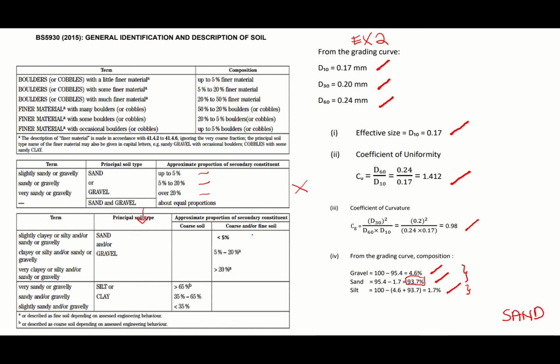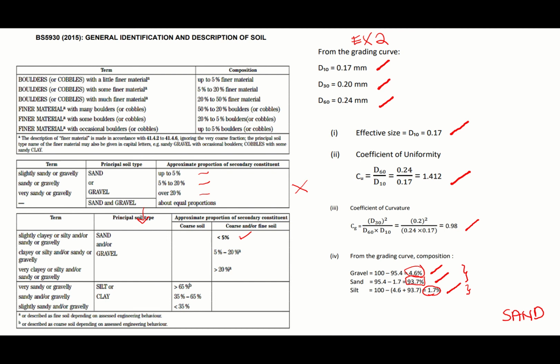We need to read whether the content of fine soil is less than 5%. Right now we know that this value is 4.6%, which is less than 5%. The fine grain soil will be your silt.